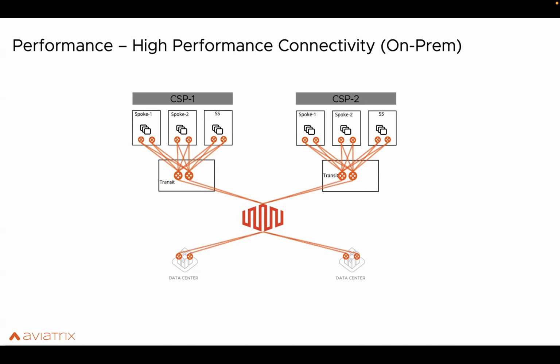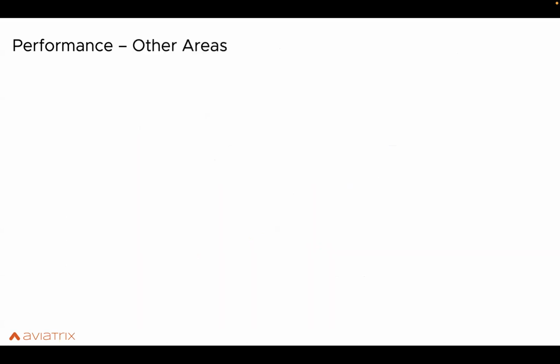Okay. So the next one is, what are the other areas of performance which you have to consider when you are architecting a cloud environment? Next generation firewalls. We just gave you a hint. There are many ways to insert the next generation firewalls into your design. One way is, okay, I just really need to get this thing out. I really don't care whether this is going to be a headache for my manageability or not.